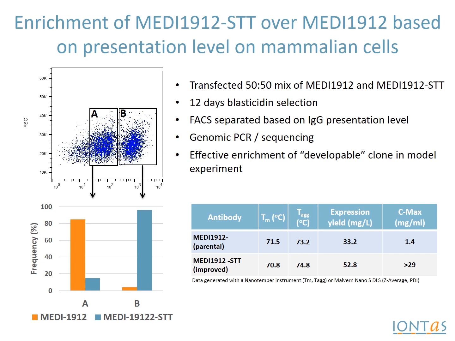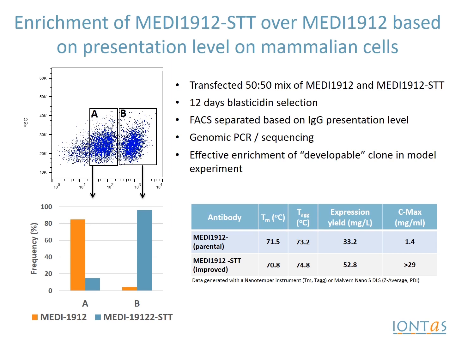As I've shown on an earlier slide, we can take these two antibodies and present them on the cell surface and can distinguish different presentation levels. So we then created, if you like, a model library by making a 50-50 mix of these two antibodies, introducing them into the mammalian display system. And after 12 days of drug selection, we've carried out flow sorting on the basis of Fc expression, which is shown in the dot plot on the top left.